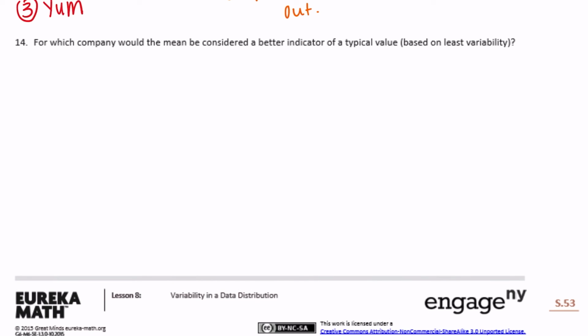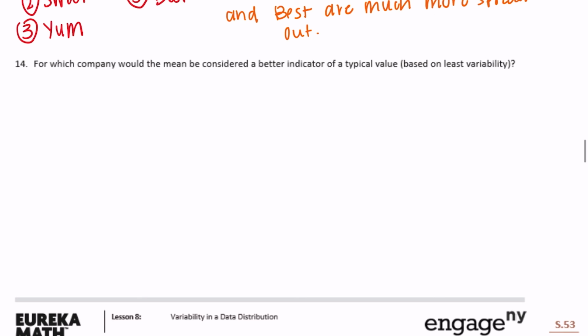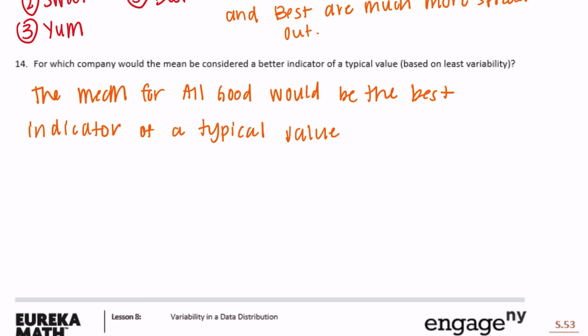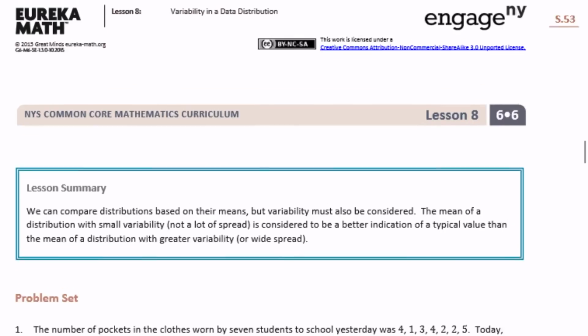So let's say the mean for All Good would be the best indicator of a typical value for the distribution. And that's the end.